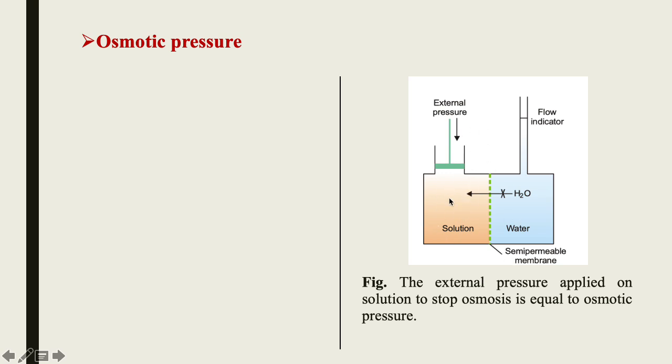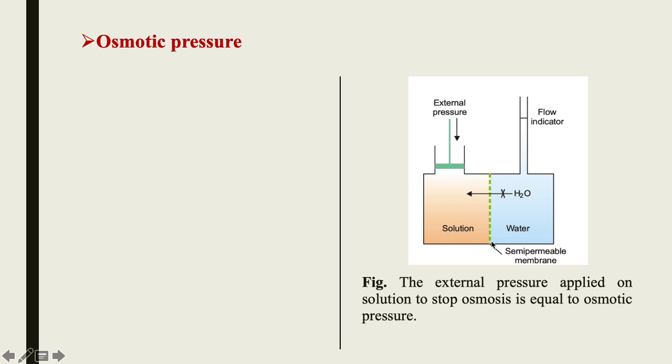We are applying such a pressure on the solution to stop the osmosis, equal to the osmotic pressure. So whatever solvent flow from lower to higher concentration is going on will stop. So you have to apply external pressure up to that point so that the whole osmosis gets stopped.